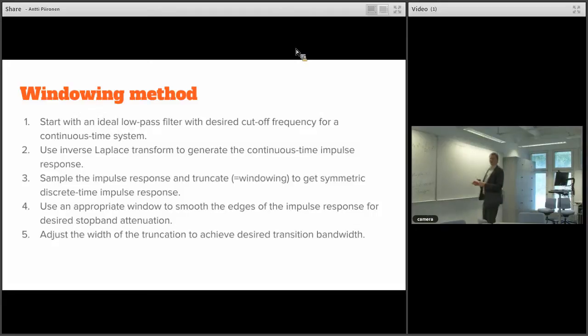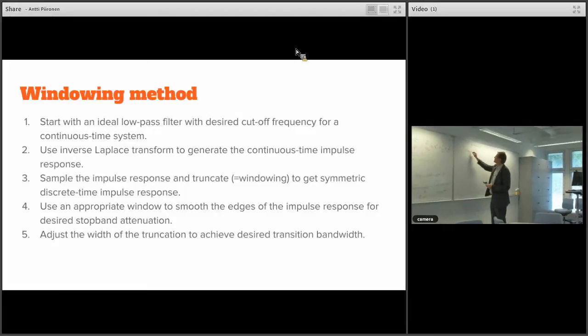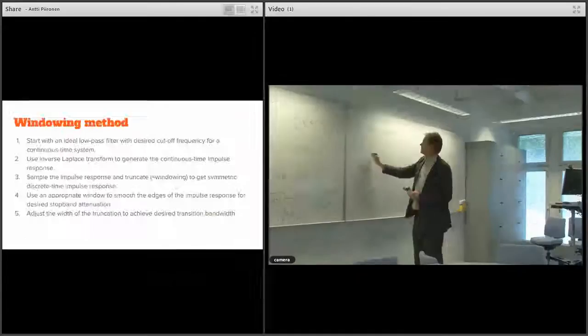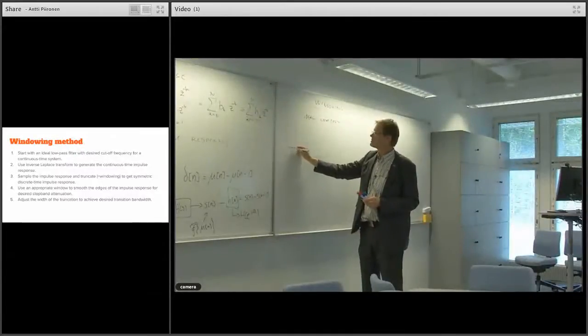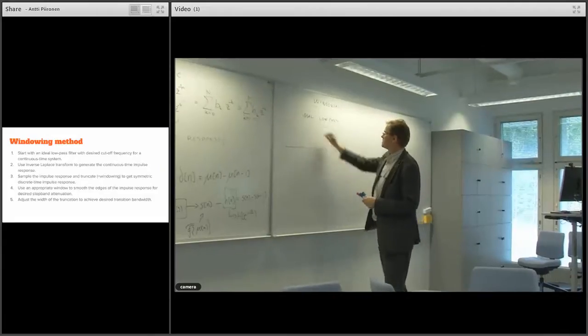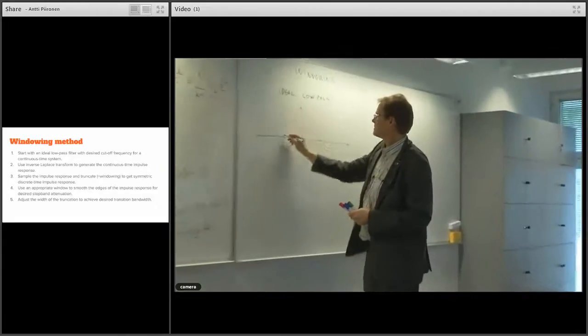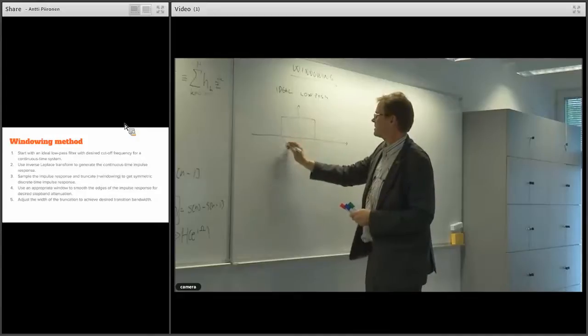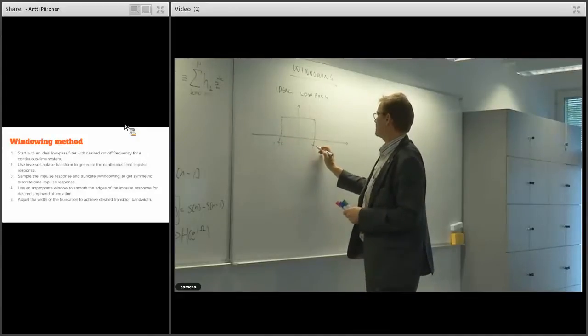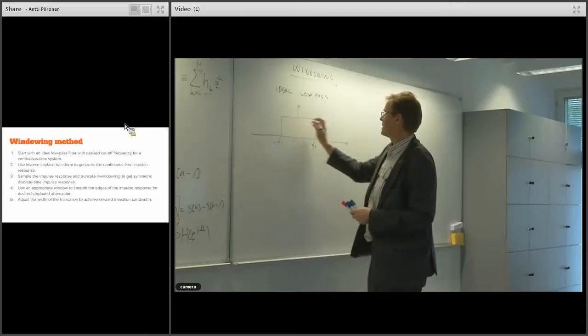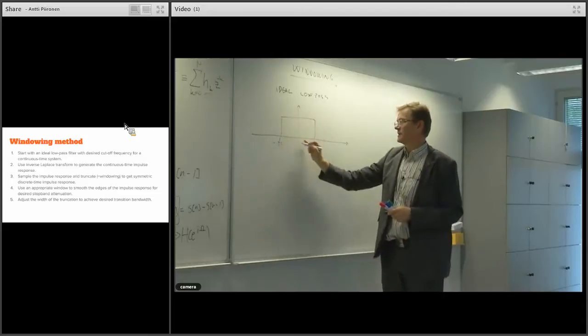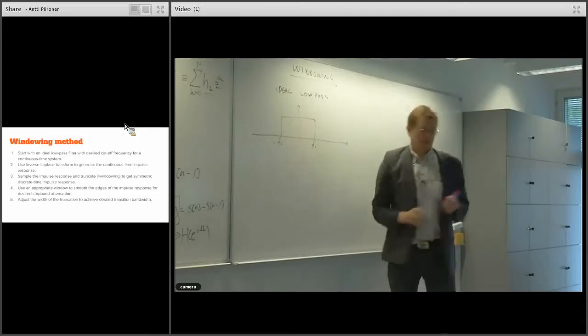We start from an ideal low-pass filter, in continuous time. So I start with this kind of filter, from minus FC to FC, passband on both sides of the zero frequency.